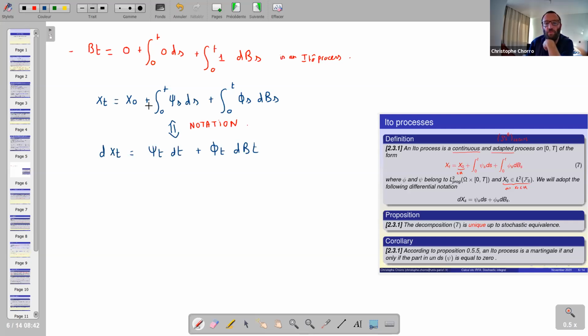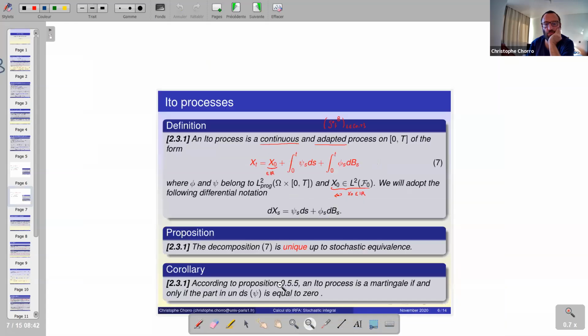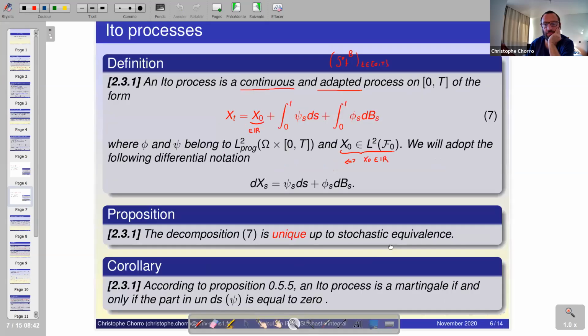So the first result we are going to see concerning Ito processes is the fact that this decomposition is unique, up to stochastic equivalence. What is the meaning of this one? Let me duplicate this slide here. I am interested in proposition 2.3.1, that is the uniqueness of the Ito decomposition.